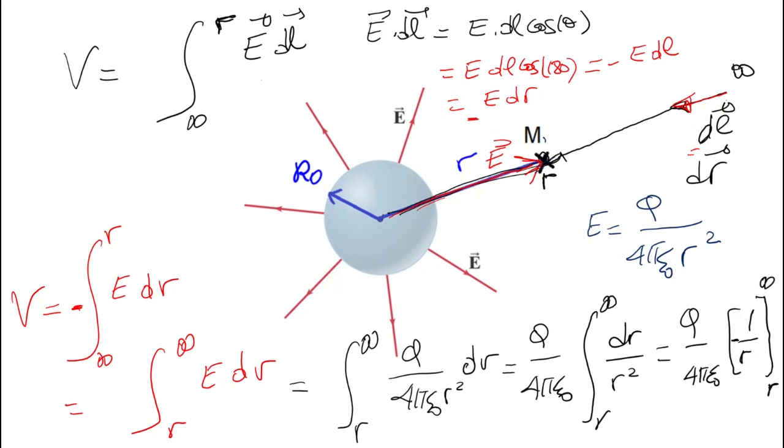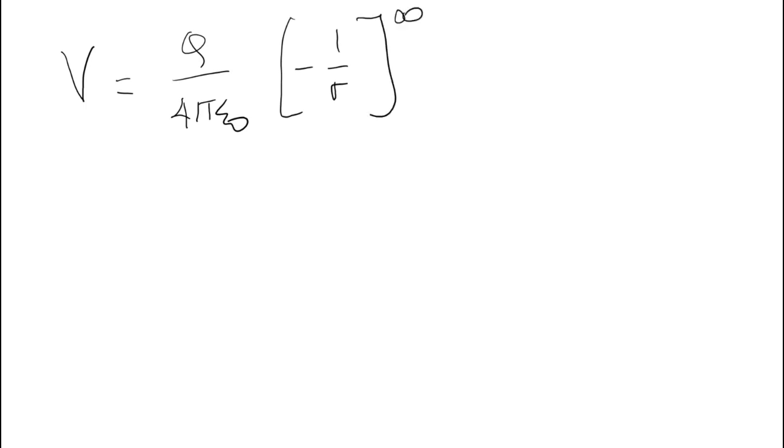So the electric potential of the conducting sphere will be Q over 4 pi epsilon 0 times negative 1 over r between r and infinity.